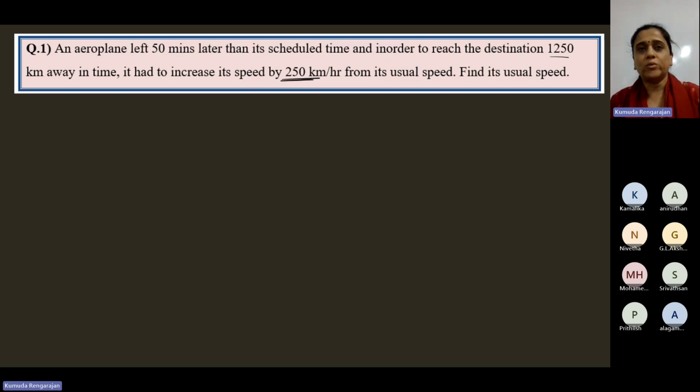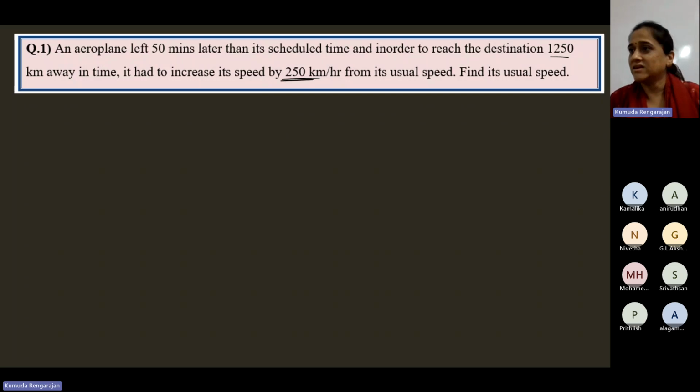So now we have to work on what is the actual time taken and what is the new time taken. These are the three things that go together: speed, distance, and time. Speed, we know the two speeds, x and x plus 250. Distance, there's nothing like original distance, new distance.